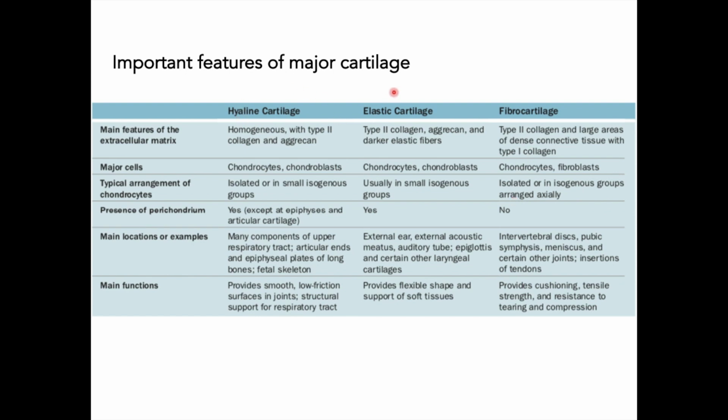Remember that hyaline and elastic cartilage are almost the same, except that meron siyang elastic fibers, 'di ba? And again, ito lang yung walang perichondrium, yung fibrocartilage. So again, remember the location of the cartilage kasi lalabas yan sa exam.